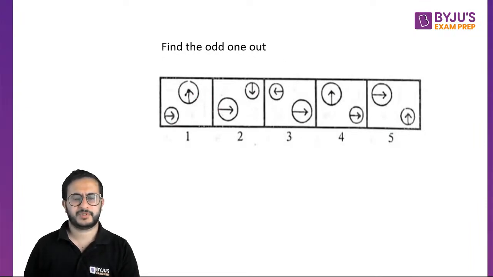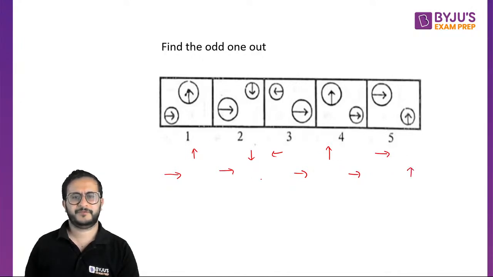This also, left side, right side, is present in both scenarios, right? Now let us look at the direction of arrows. You cannot determine the odd one out based on the circle, since the small circle is below in some and upward in some. Now let us look at the direction of arrows. This is towards right, this is towards up, this is towards right, this is down, left and right. Up and right, right and up.